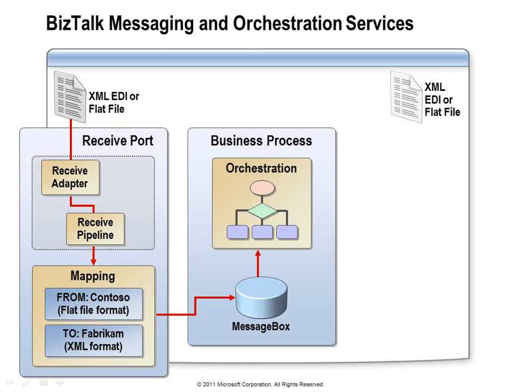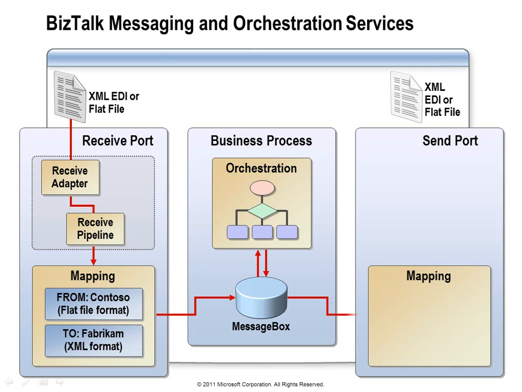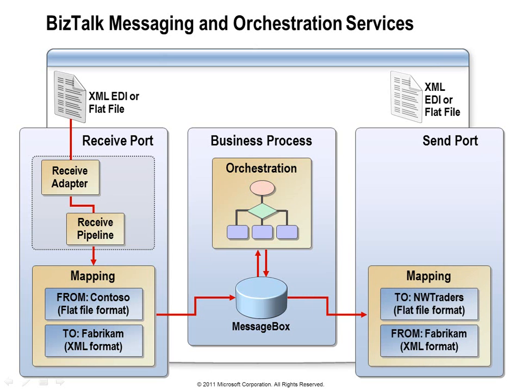Now, this scenario assumes that the business process components are going to operate on this message and produce a new message which is sent to the message box. And that message is destined for another trading partner. Any message that is sent out of BizTalk will pass through a collection of components that is called a send port. And as the message passes through, it is going to be converted from our internal Fabricam format to an XML document that represents the flat file format of our trading partner named Northwind Traders.